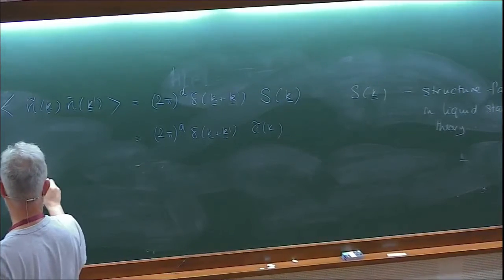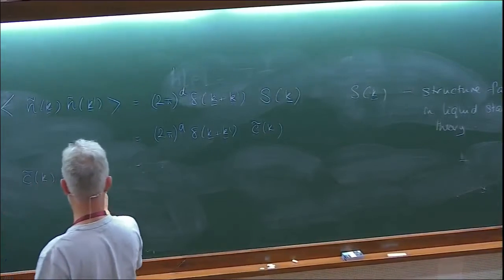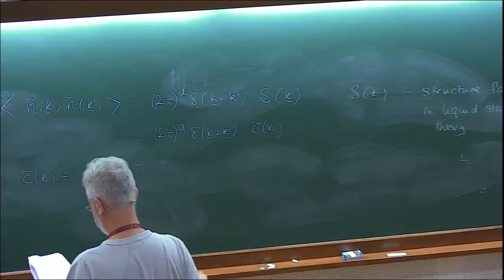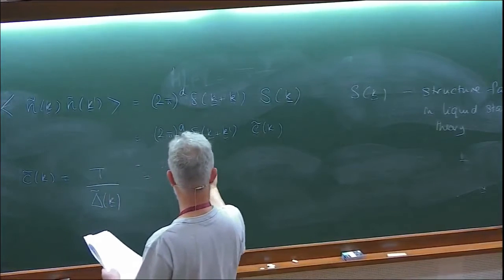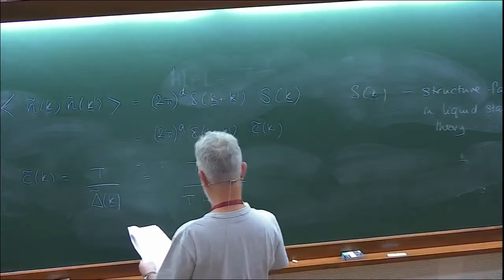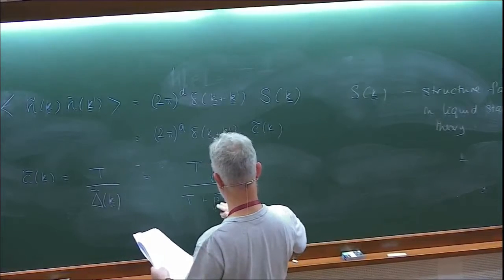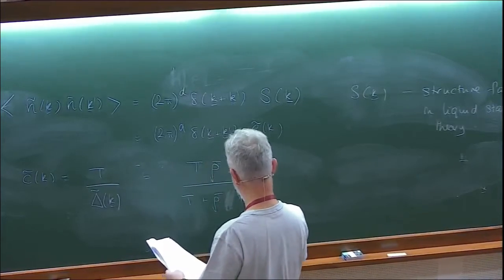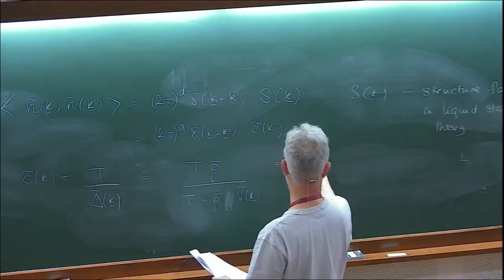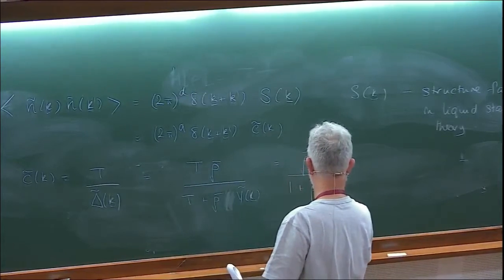In Fourier space everything becomes diagonal now, so this is just T times 1 over delta tilde of K. So this is equal to T times rho bar divided by T plus beta rho bar V of K. I can divide by beta, so this is just equal to rho bar divided by 1 plus rho bar beta V tilde of K.